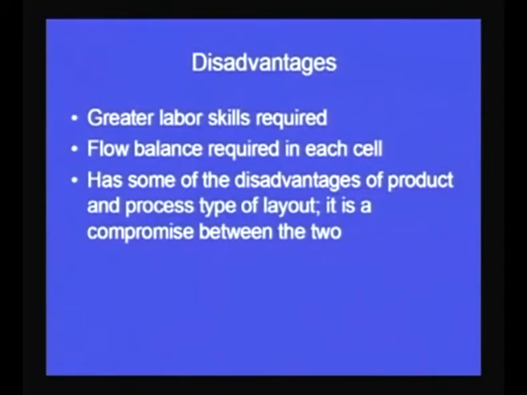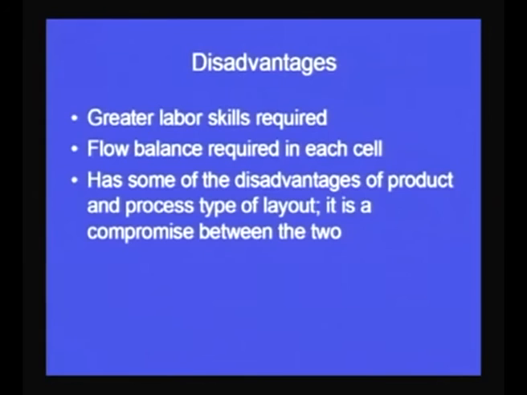So labor skills required would be increased in cellular type of layout, because initially when a person was in one particular section in process type of layout, he would be requiring a certain skill set, but in cellular type of layout, within each cell there are different machines, there are different equipment. So he needs to be an expert of all those equipment. So greater labor skills would be required in cellular type of layout.